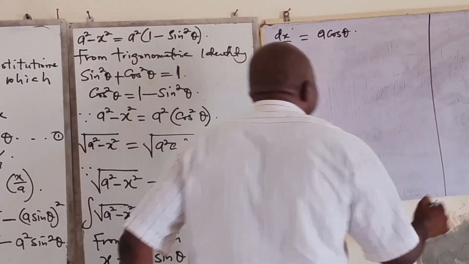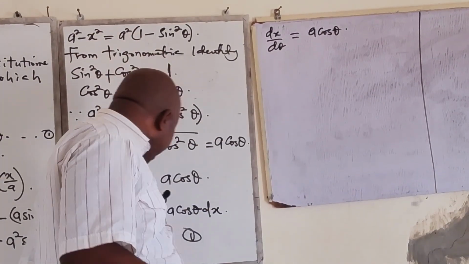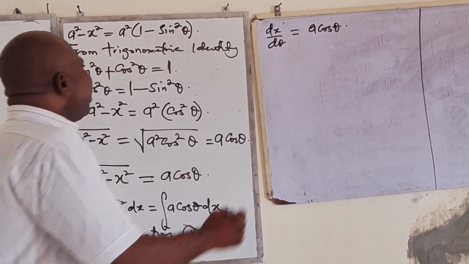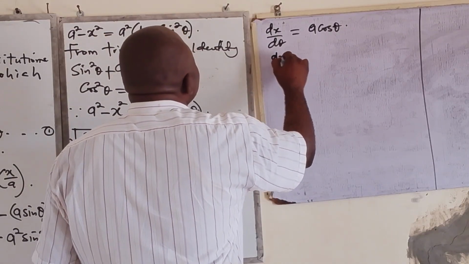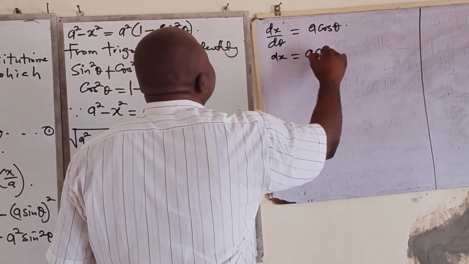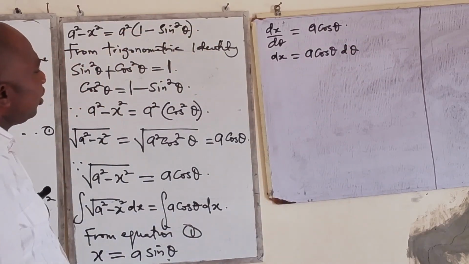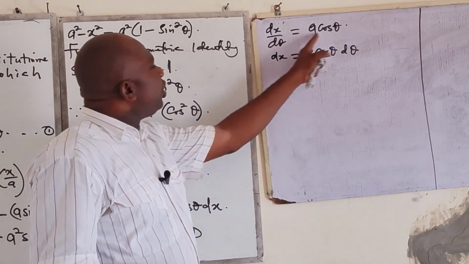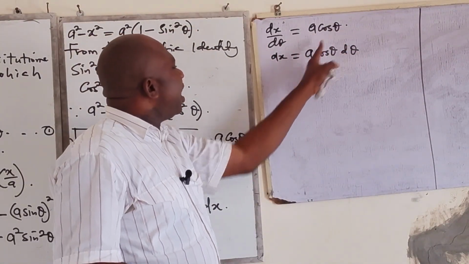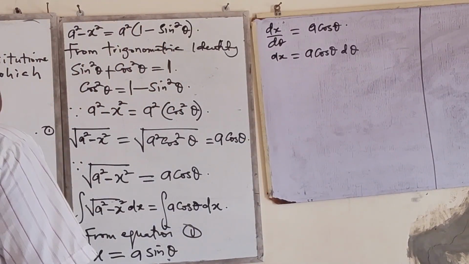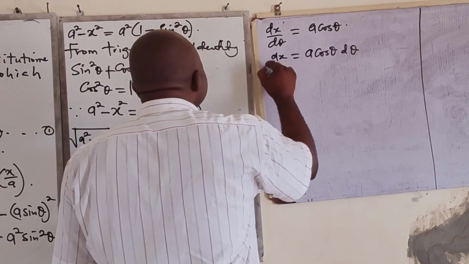So dx will be equal to a cos theta d theta. So now let's look at this again.